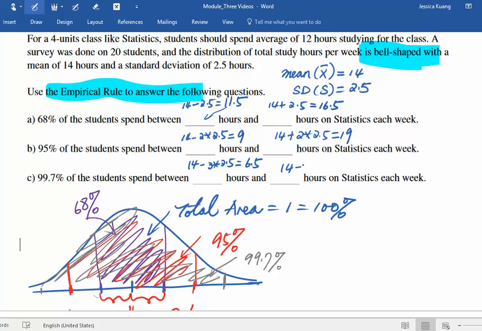And 14 plus 3 times 2.5, oh, this is plus, forgive me, that will give me 21.5. So I'm pretty confident that 99.7%, that is pretty much everyone in this class, spent somewhere between 6.5 hours and 21.5 hours on this class.